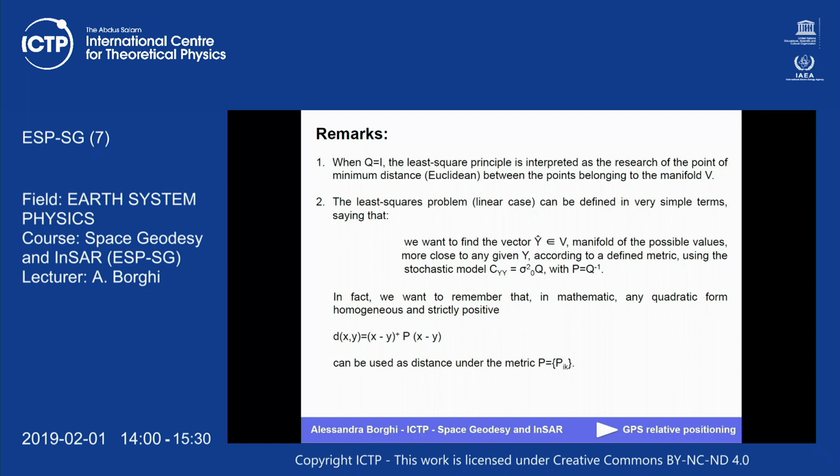In least squares we use as a metric a quadratic form like this, with Q; in fact, I put P here. The principle is always the same that you probably already studied in your previous course, but it's more general.